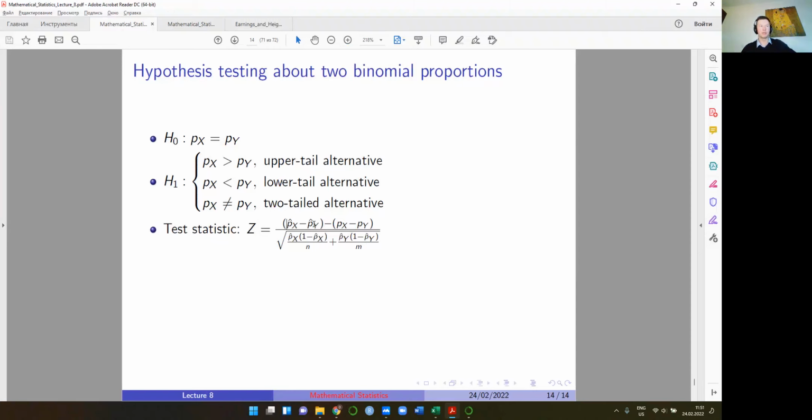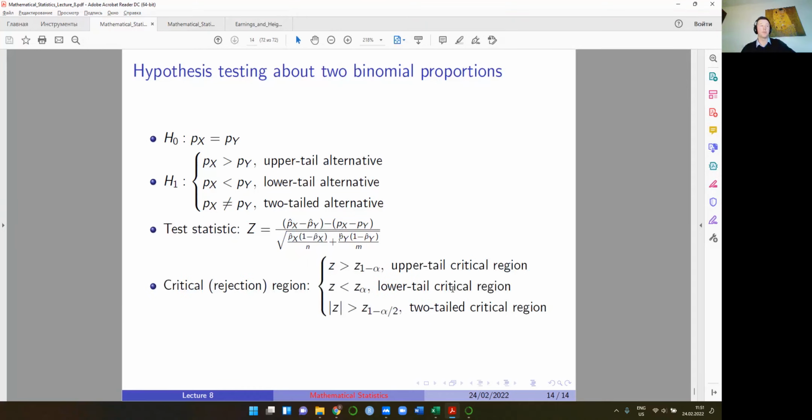It's p hat x minus p hat y. This is the estimator of the difference minus the difference in the population. Under the null hypothesis we assume that they are equal, so this becomes 0. That's easy. And here we calculate the sample variance of one and the other sample, and then the critical or rejection region.